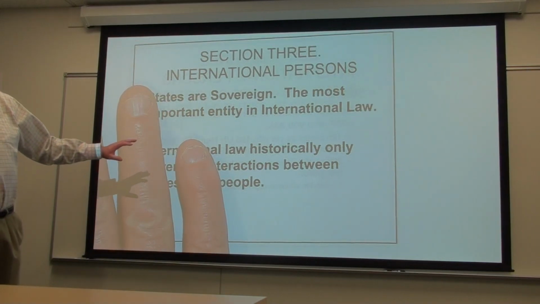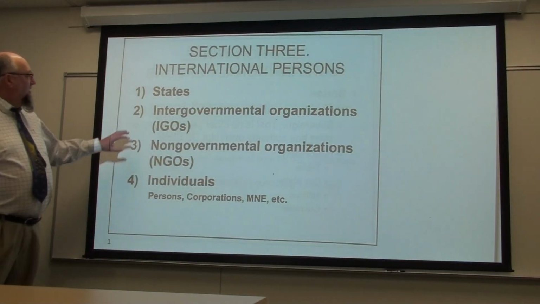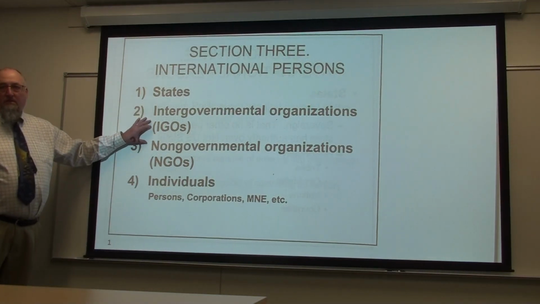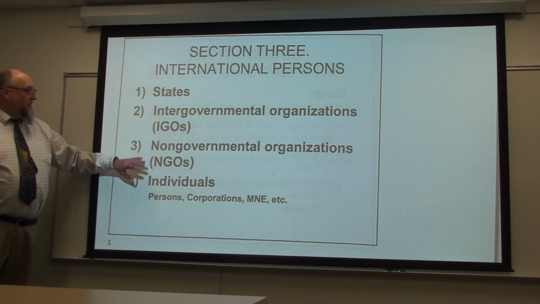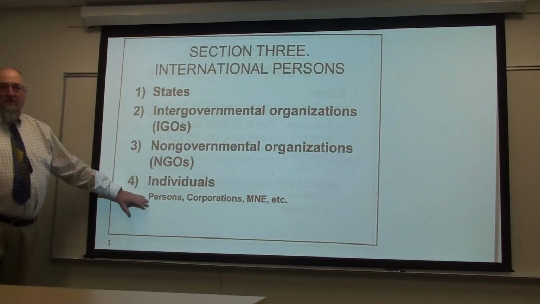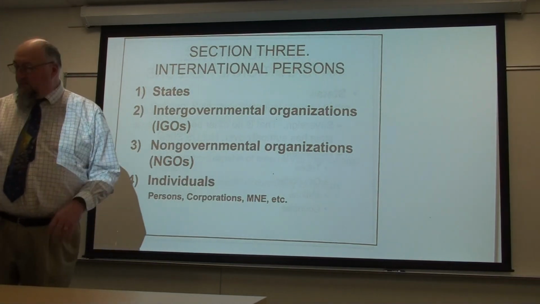And what I mean by that is historically, back to this slide here, we didn't have 2 and 3. We didn't have intergovernmental organizations. We didn't have non-governmental organizations. We had states and individuals. And so international law only dealt with states.